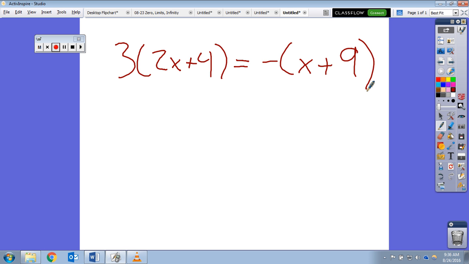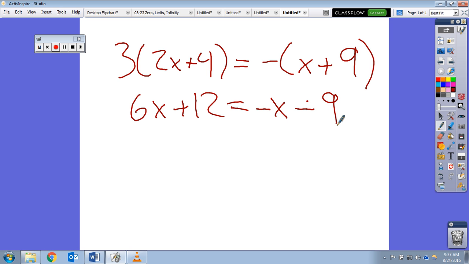Okay, so first you have to distribute the 3 to this entire parenthesis, which will come out to 6x plus 12 equals, and then distribute the negative to this entire parenthesis, negative x plus minus 9. And then you would add like terms to each side. So you would do, I'm bringing x over and 12 to that side.